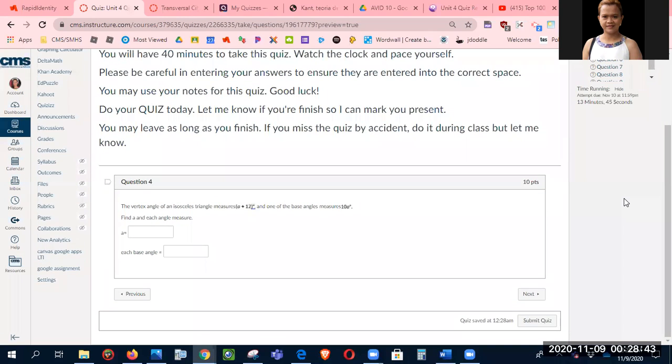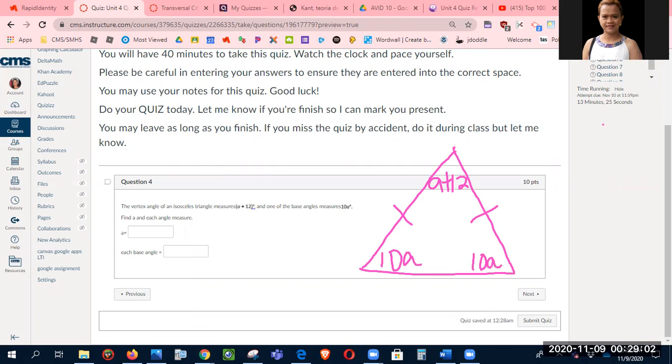All right. So again, I'll demonstrate how an isosceles triangle looks. That's a triangle. Two of its sides are congruent. This is A plus 12, this is 10A, and that's 10A, which means the opposite sides and opposite angles are congruent. The interior angles of a triangle sum to 180.